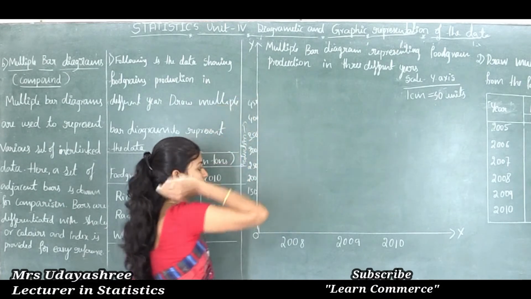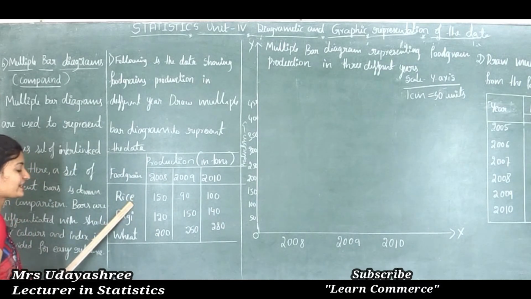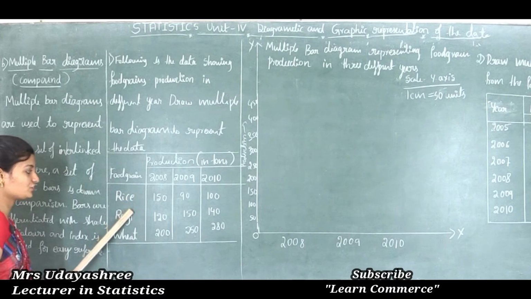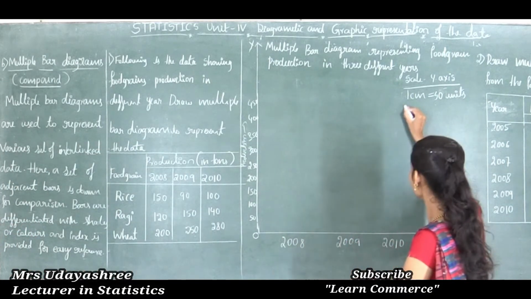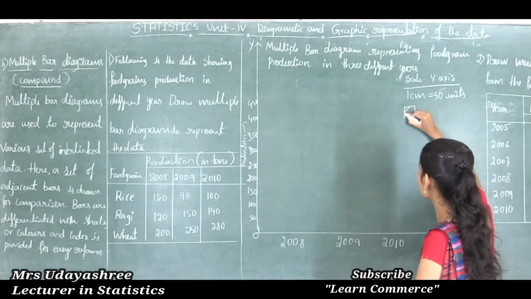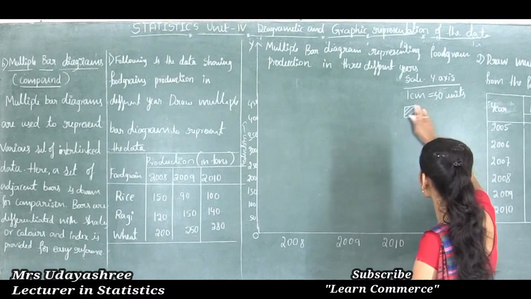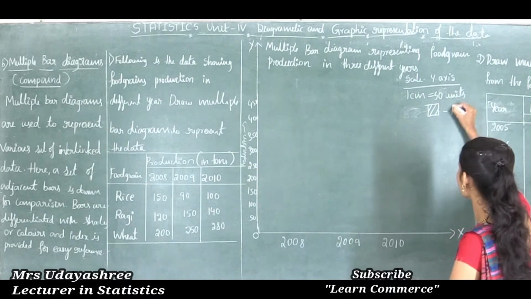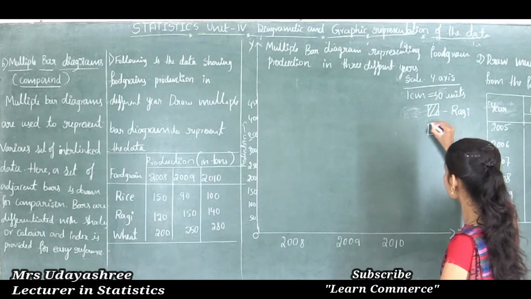Okay, I will stop here. Next, there are 3 different productions: rice, ragi and wheat. For identification, I will give some indicators. This type of shading indicates ragi, and next I will do like this.